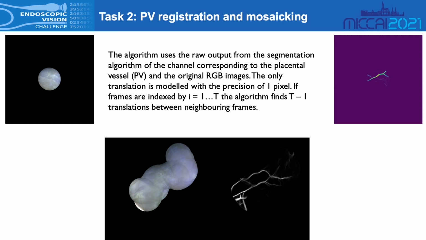If frames are indexed by i equal 1 to t, the algorithm finds t minus 1 translations between neighboring frames.